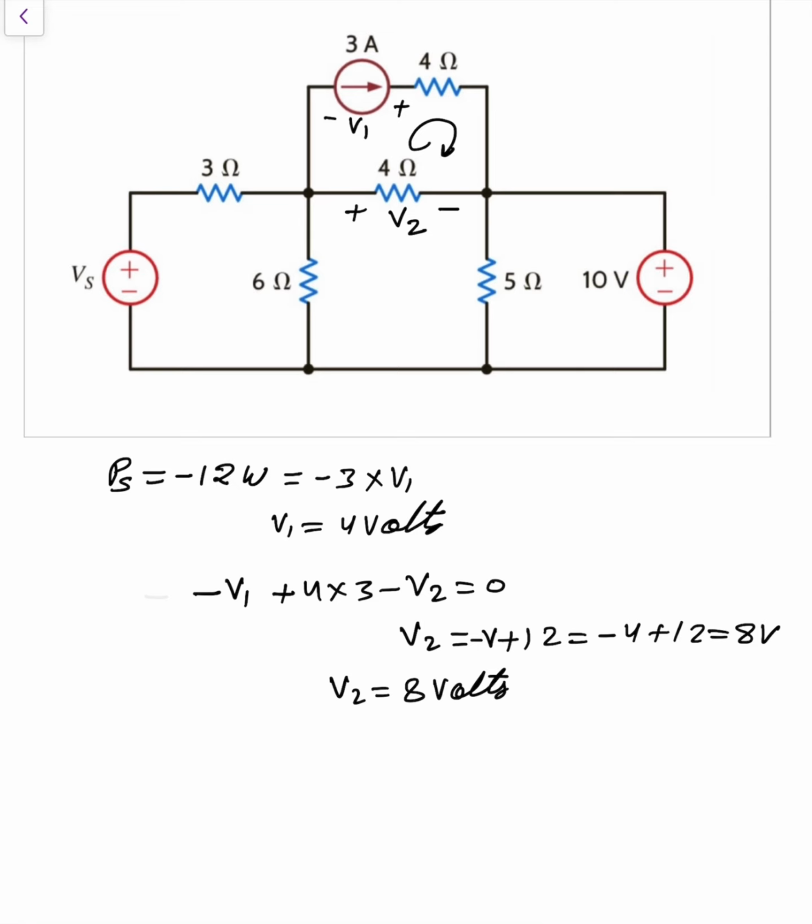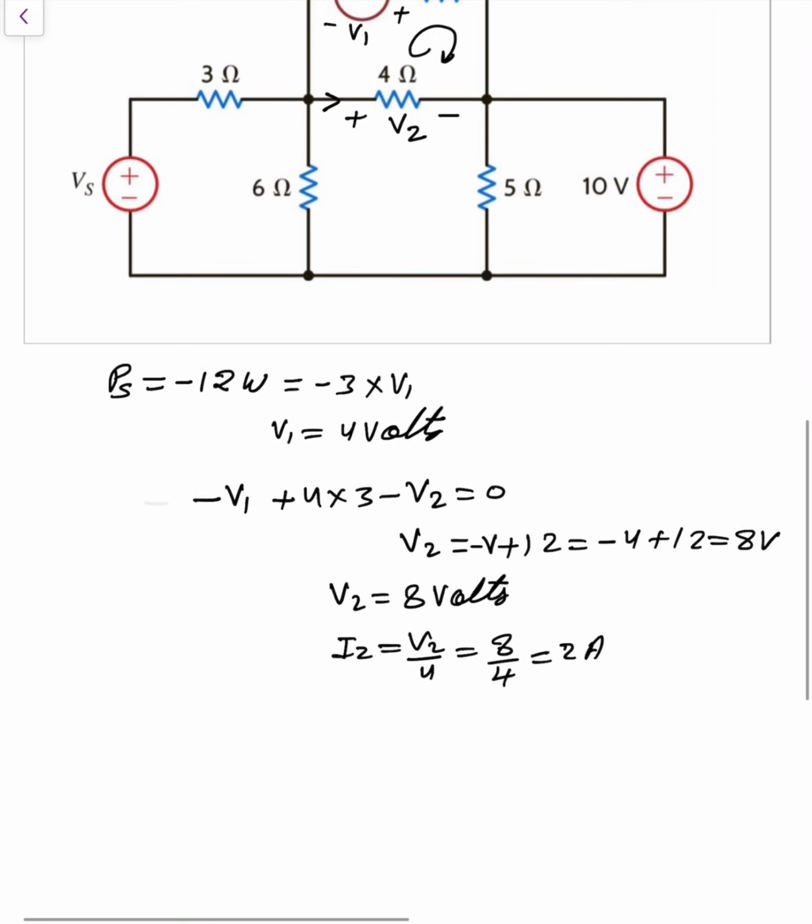Okay, and what about the current in this branch? Suppose I2 is written as V2 divided by 4, so that is 8 by 4, that is 2 ampere. Clear? Now after that, what about the voltage across this terminal?